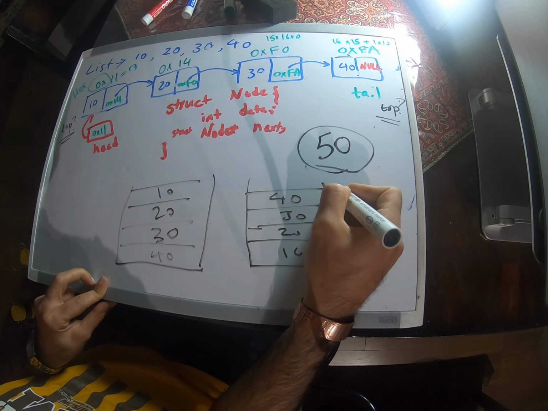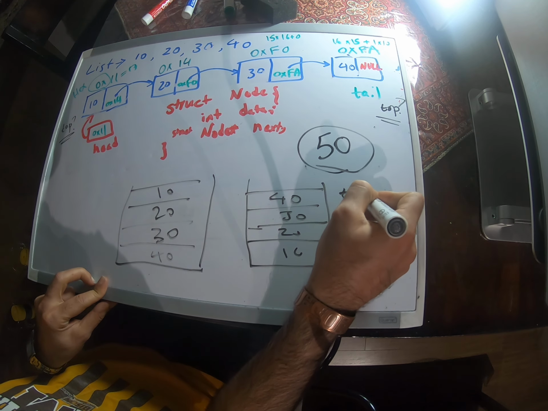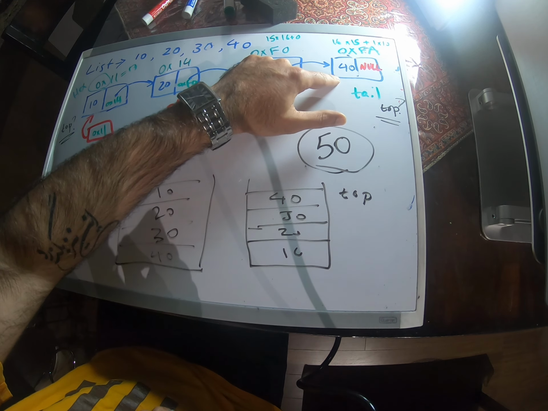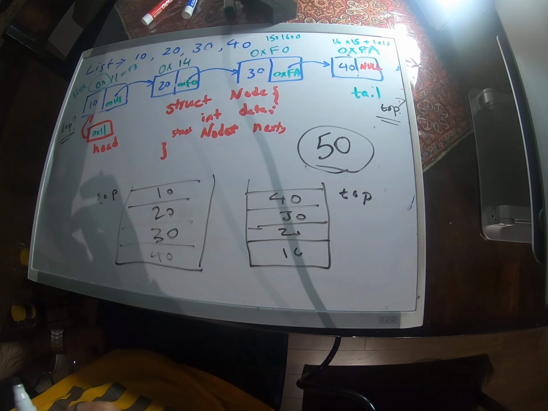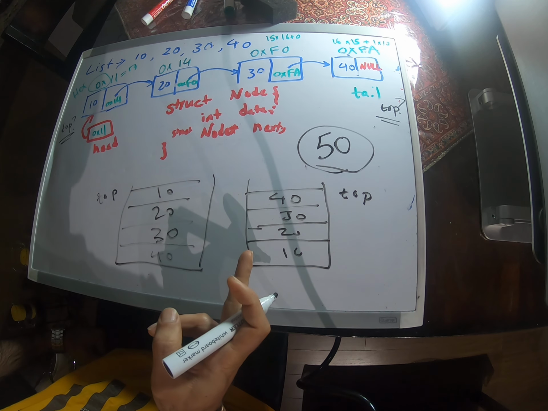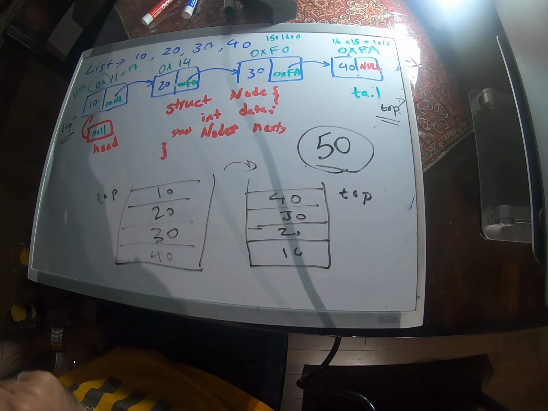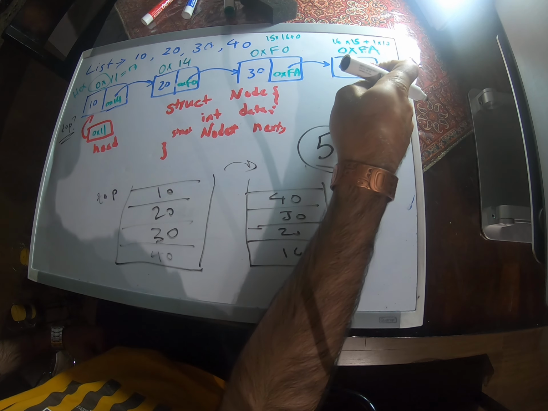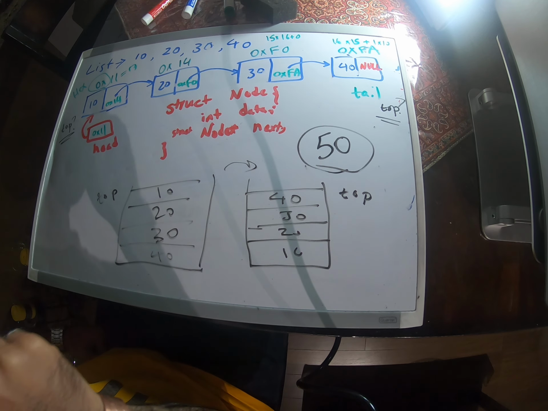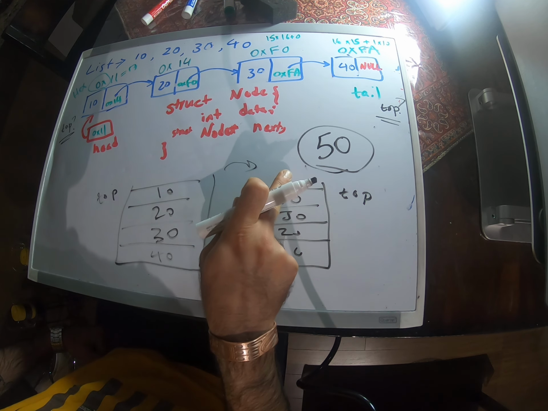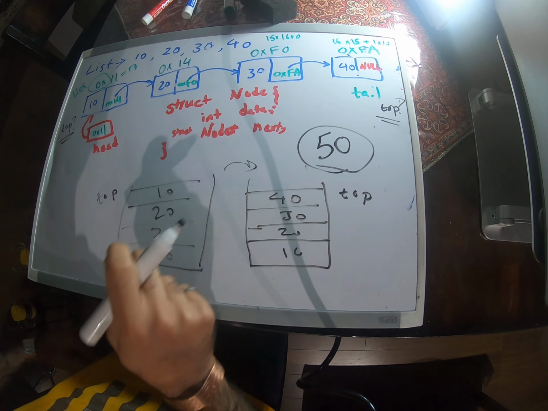So basically, is this the top or is this the top? Is the head the top or the tail is the top? If we want to push an element here, if we consider the tail as the top, there's no index in the linked list, right? So we can't easily just insert an element here.